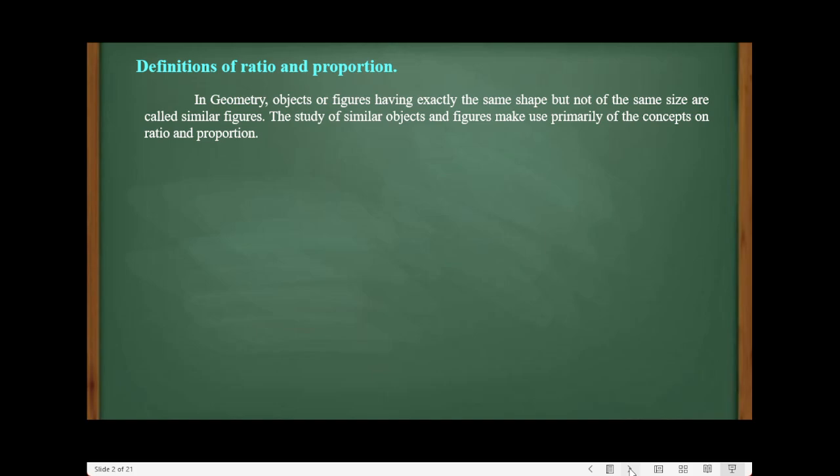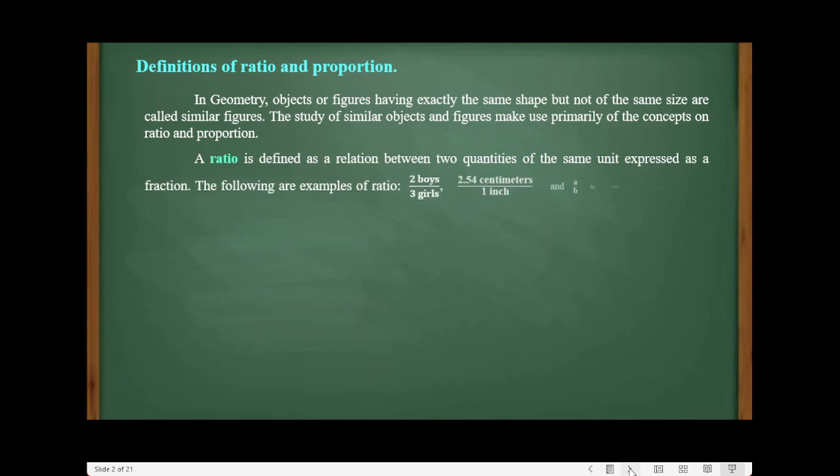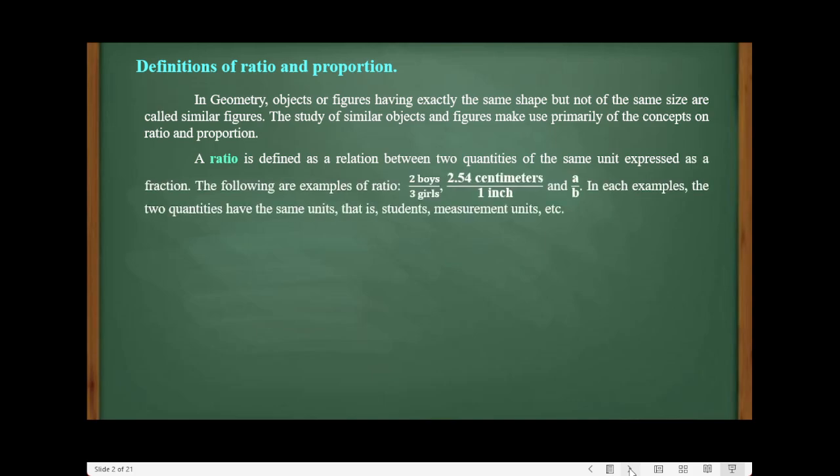In geometry, objects or figures having exactly the same shape but not of the same size are called similar figures. The study of similar objects and figures makes use primarily of the concepts of ratio and proportion. A ratio is defined as a relation between two quantities of the same unit expressed as a fraction.